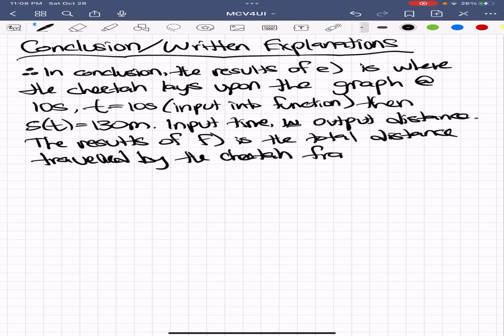From first stride to second stride and to third stride.